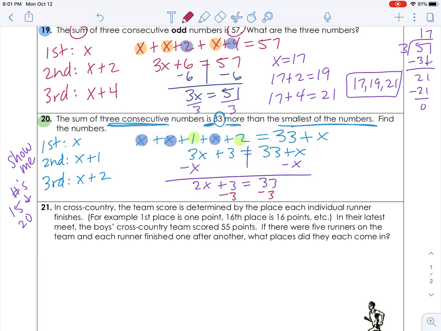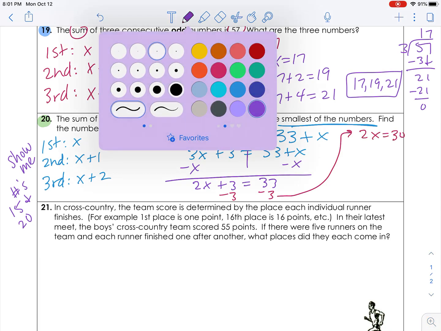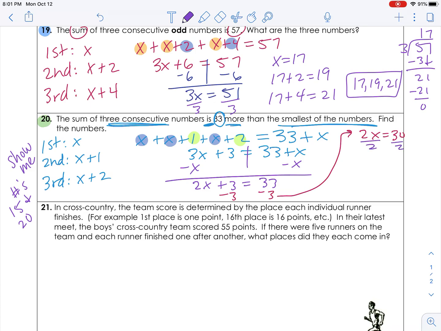Subtract 3 from both sides. So what we have left is 2x equals 30. Divide both sides by 2. x equals 15. So if x is 15, that's the smallest number.